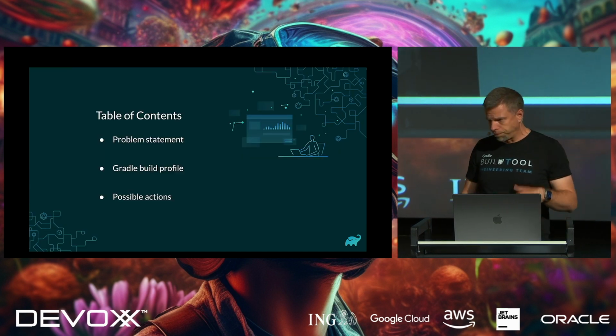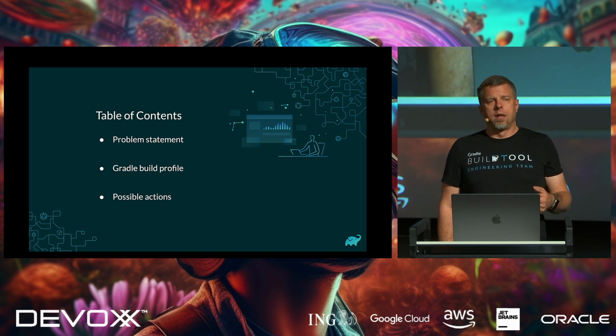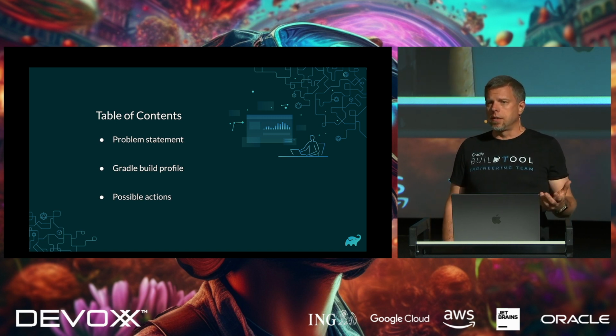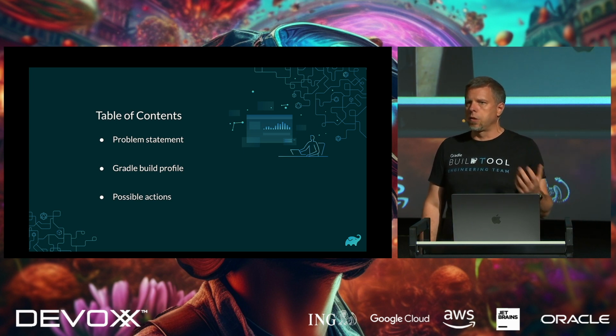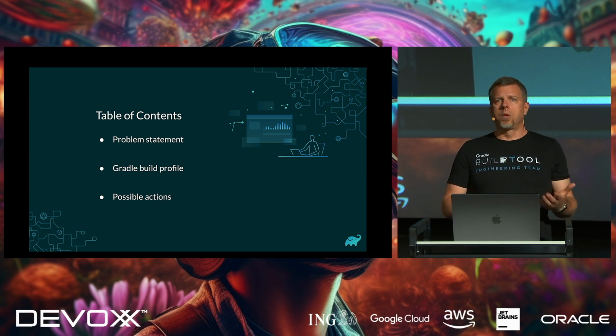So, what are we going to talk about today? First of all, I'm going to explain my problem statement, the title of the talk. Then we're going to look at what it means in terms of a build profile, specifically for Gradle, but I'll highlight the parts that are somewhat common with Maven. And then what are the possible actions we can take with regards to making your build performant in the context of our problem statement.